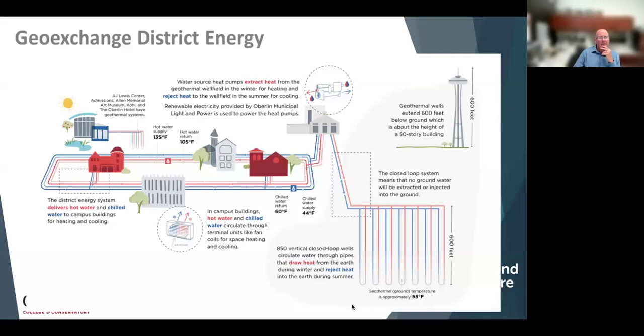So broadly speaking, we installed 850 vertical closed loop Geo-Exchange bores up on the northern side of campus. We had entirely replaced all of their heating and cooling infrastructure throughout the entire campus.